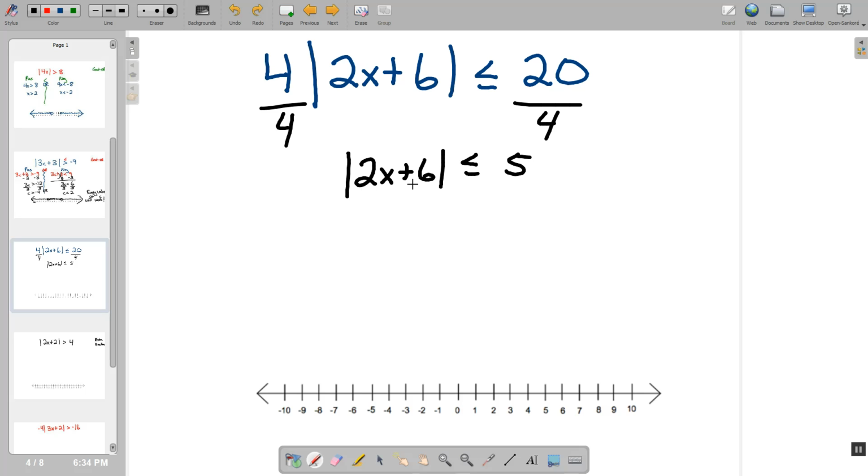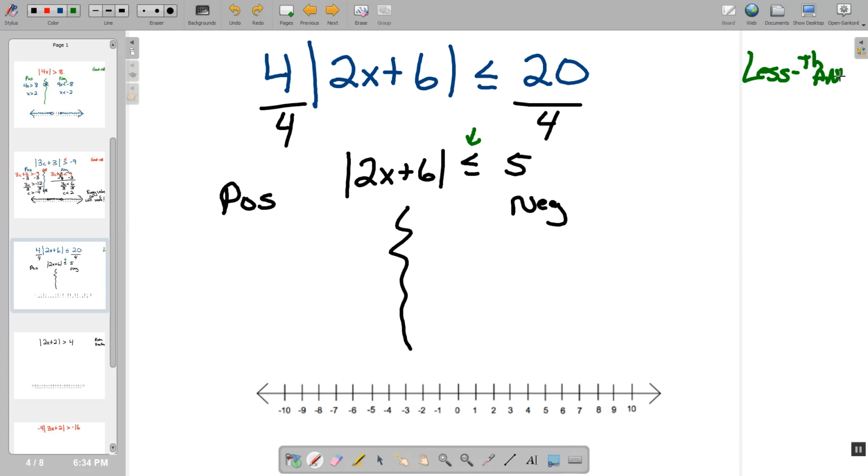Now I have everything away from my absolute value sign, and I can set up my positive and my negative sides of the equation. But I have to decide, is this an AND or an OR statement? And I look at this and I see a less than statement, so I remember that it is less than. Therefore, we are hoping to shade between our two numbers for this problem.